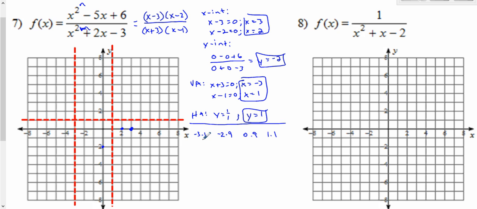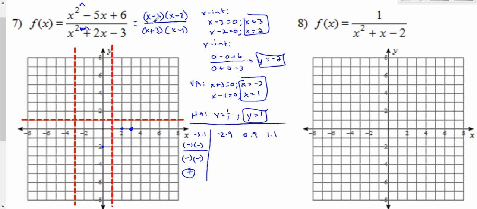So if I plug in negative 3.1, I get negative 3.1 minus 3. That is a negative number. Negative 3.1 minus 2 is a negative number. Negative 3.1 plus 3 is a negative number. And negative 3.1 minus 1 is a negative number, which ends up as a positive value.